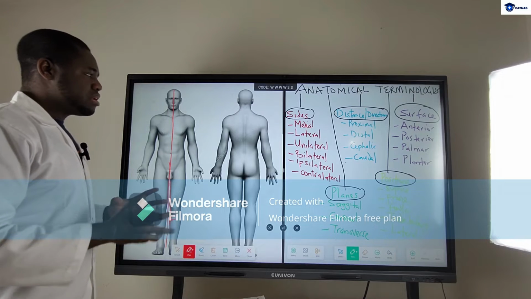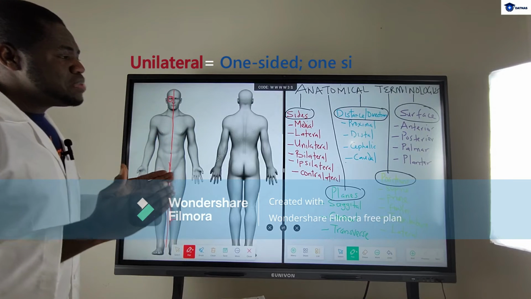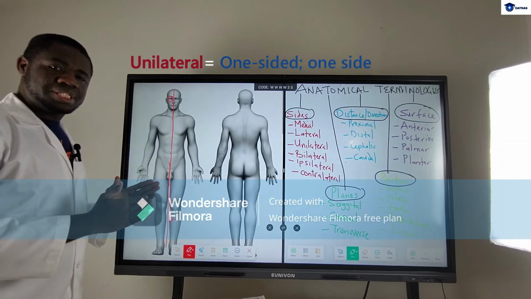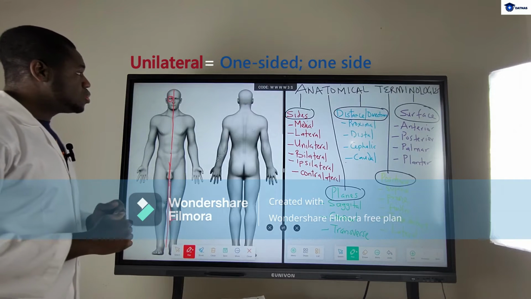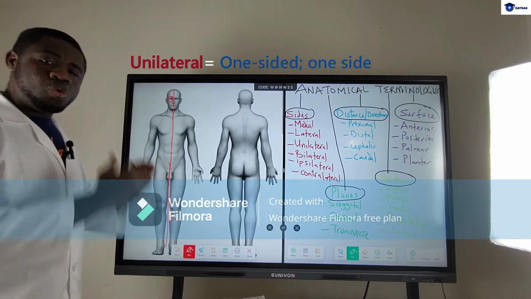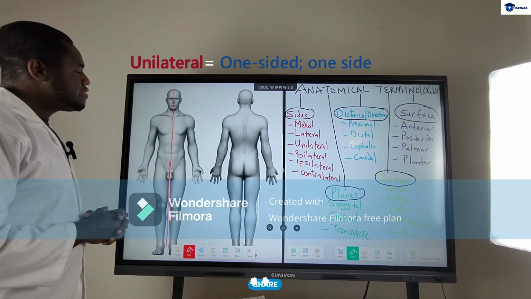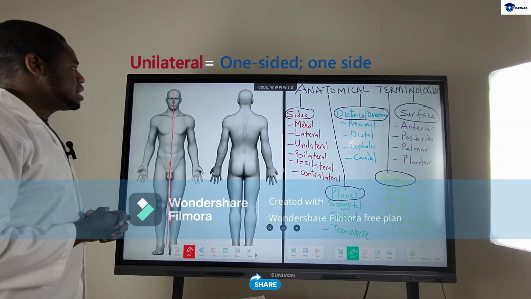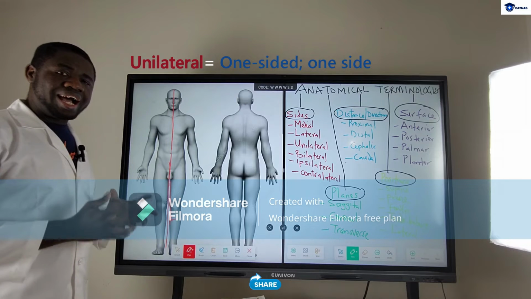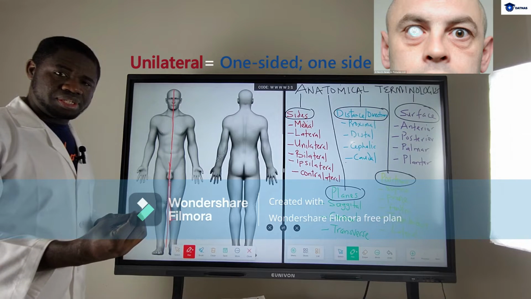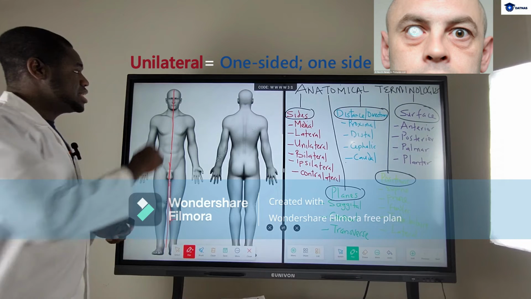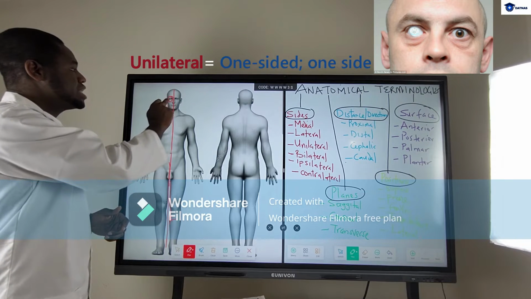If I say unilateral, uni means one, lateral means side. So unilateral means one side. For instance, if I say the man has unilateral blindness in his right eye, that is, only the right eye is blind.